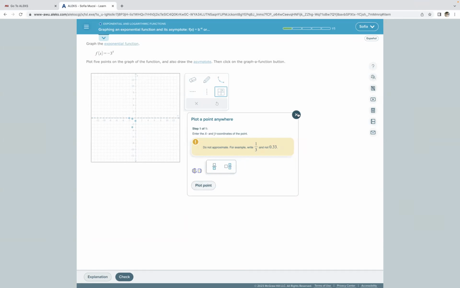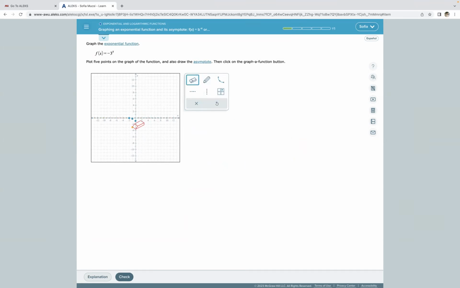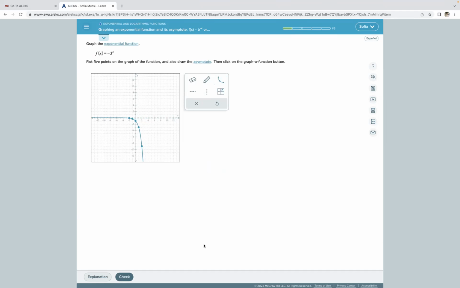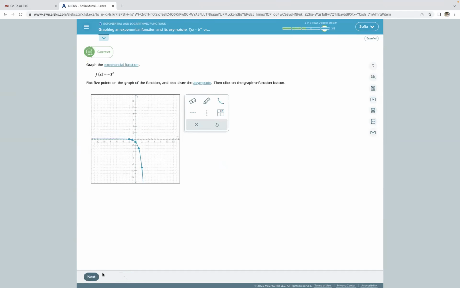No, that's wrong. It's supposed to be 1, -3, and then 2, -9. There we go. Yeah, that looks better.